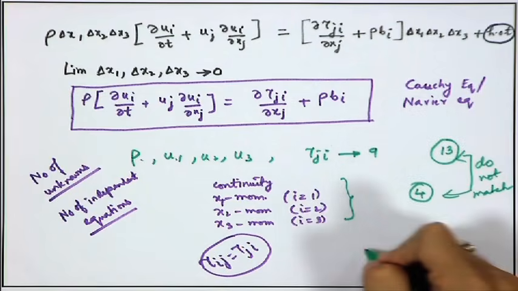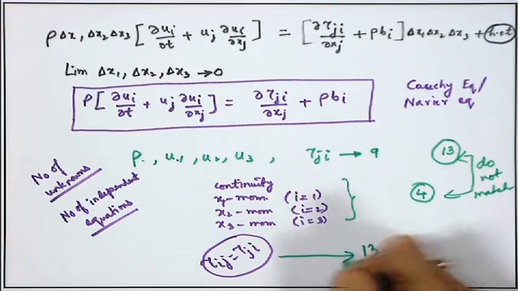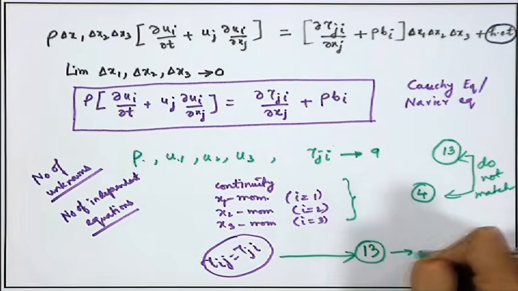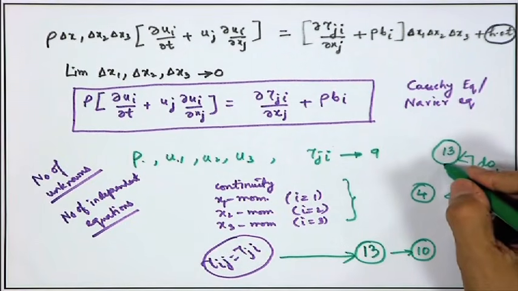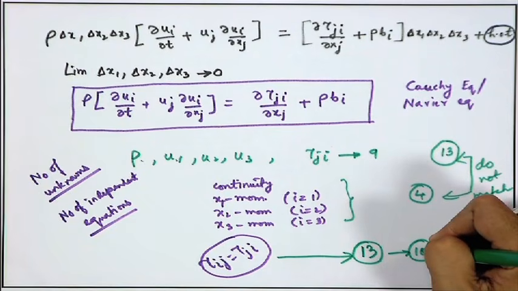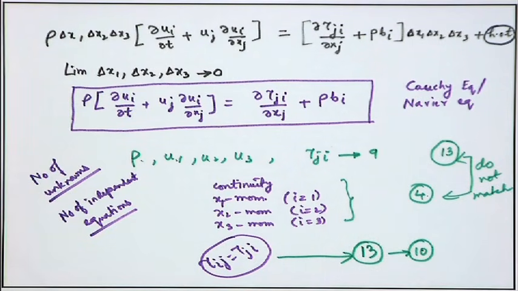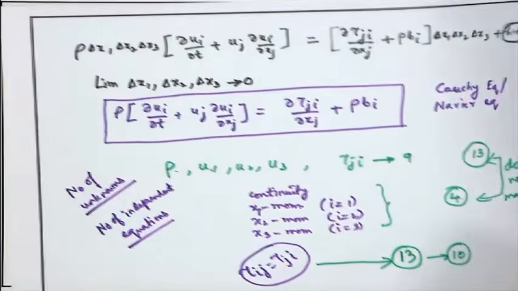So, from 13 we have reduced to 10, but still we have a gap between 10 unknowns and 4 independent equations. So, we have to look for additional constraints. Where will the additional constraints come from? So, let us discuss that.